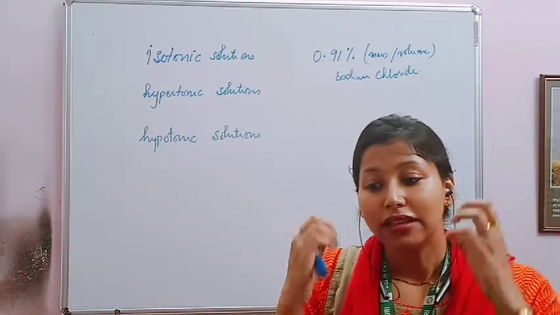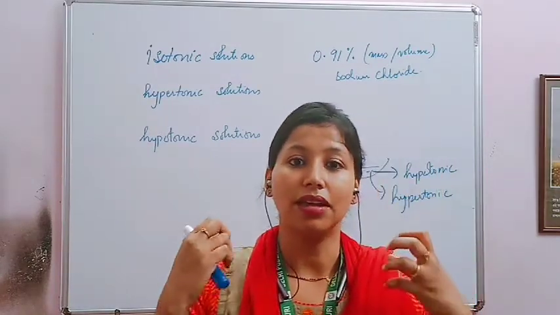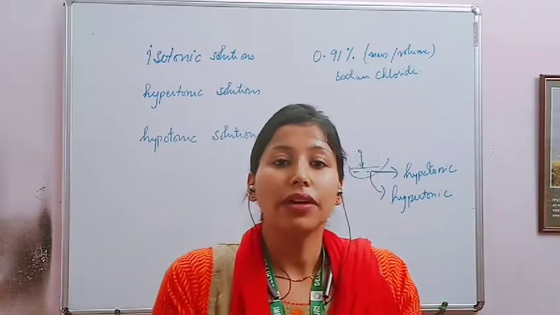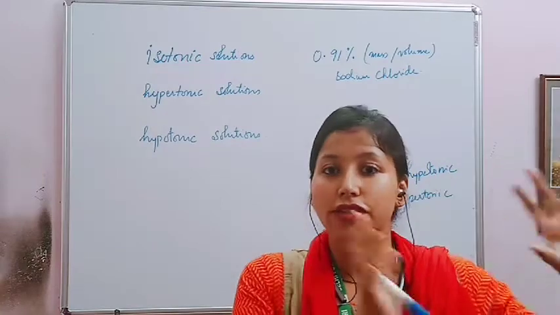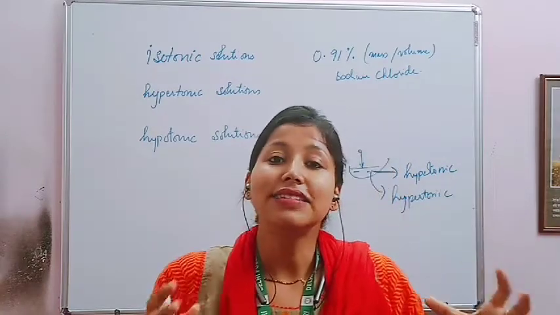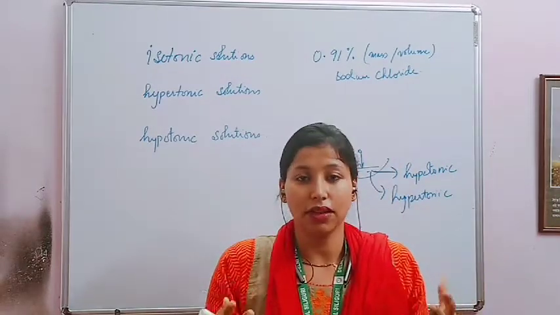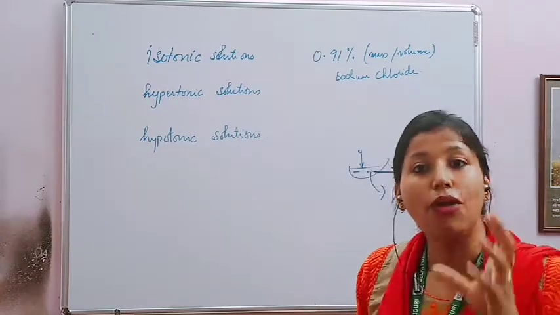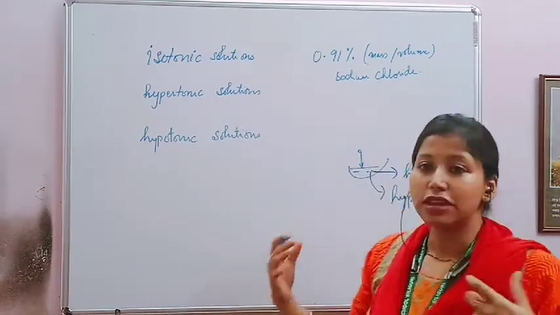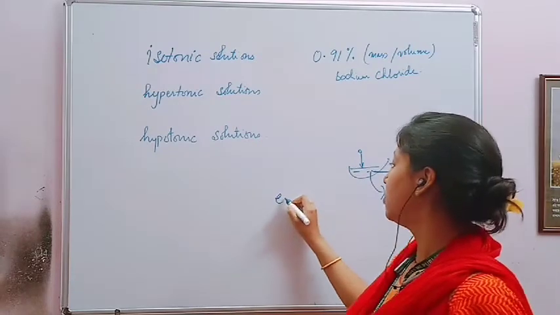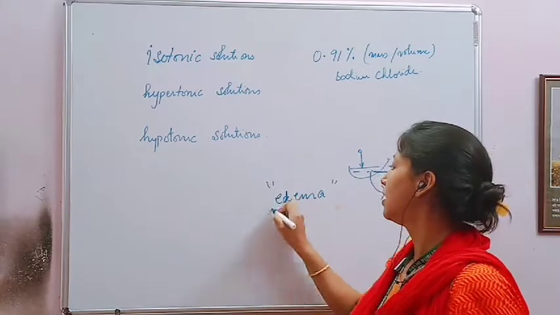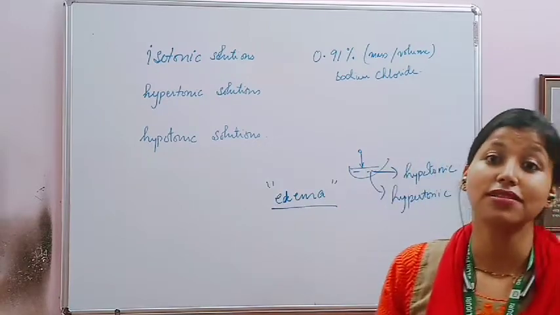This causes a pressure in the cells or in the tissues, and water gets stored in the intracellular spaces, and this leads to puffiness. Okay, this is your puffiness and a kind of swelling. This swelling or puffiness due to retention of water in the body is known as edema. This medical condition is known as edema.